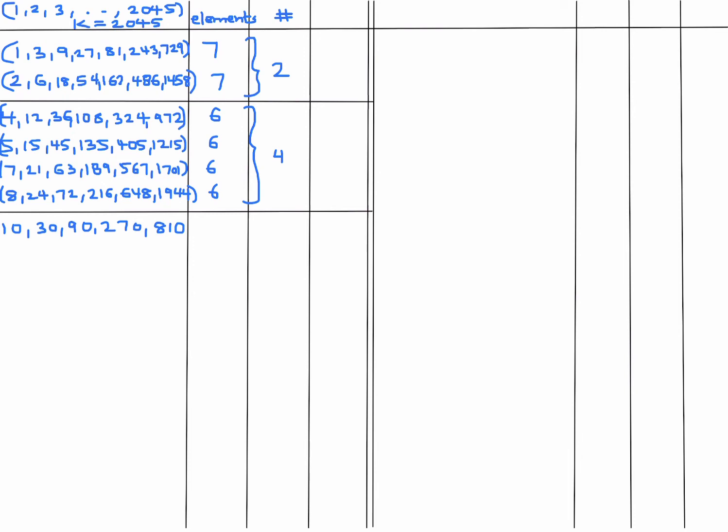The next ones have 5 elements. And then you just continue to make this list, dot, dot, dot, like that. And then you'll get to 25, 75, 225, 675, and then 2025. This will be the last one of 5 elements. And you can count these up. There's not that many. There's only 11.